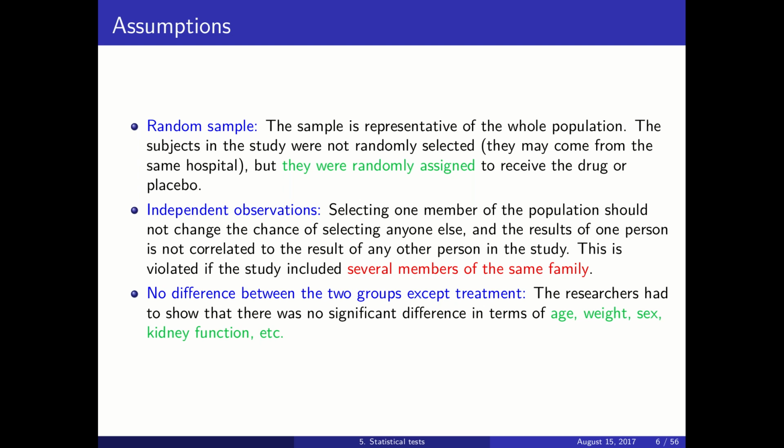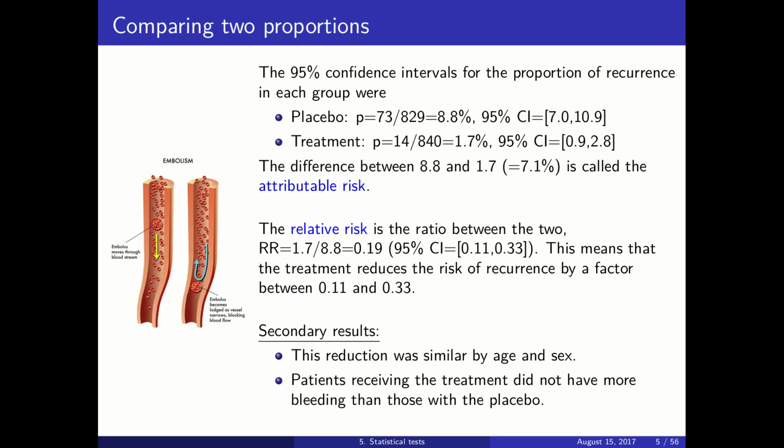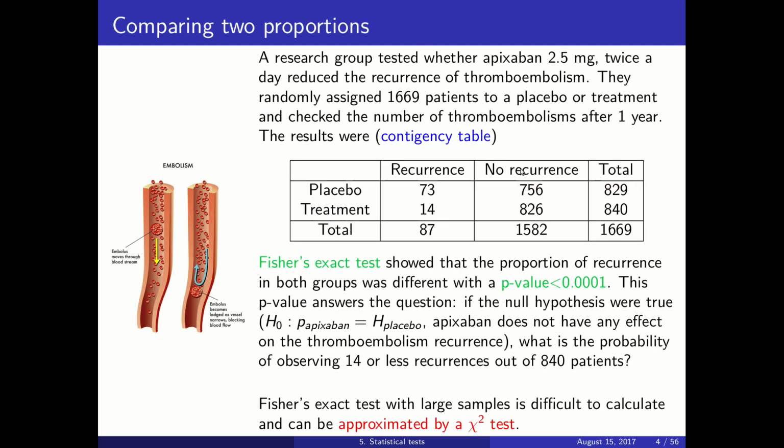And the assumption that there is no difference between two groups, so we have to show that there is no significant difference in terms of age, weight, sex, kidney function, just to make sure that this difference is not due to some random fluctuation of any of these variables.